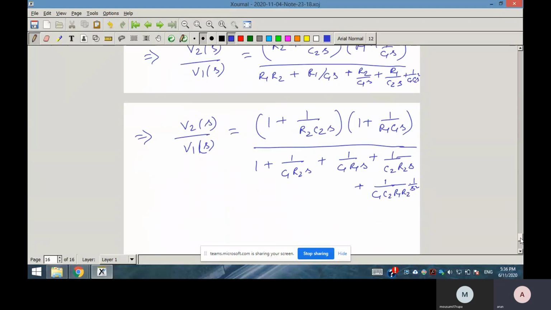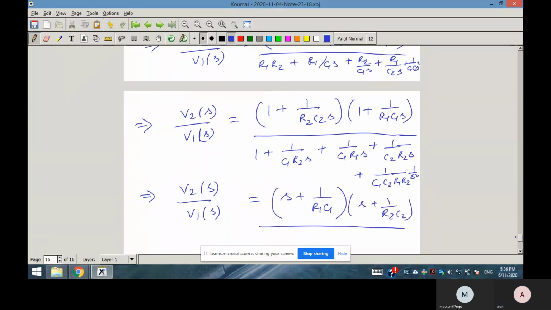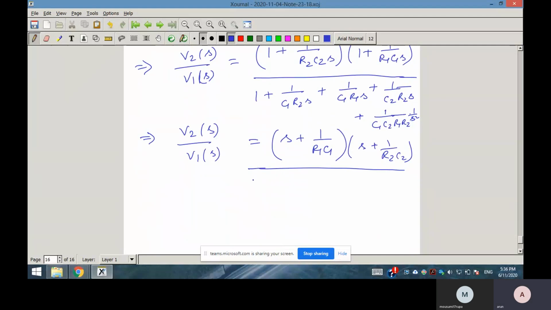So this can be further simplified. If you multiply the numerator as well as the denominator by s square, it will come out like this: (s plus 1 by R1 C1)(s plus 1 by R2 C2) divided by s square plus s into (1 by C1 R1 plus 1 by C2 R2 plus 1 by C1 R2) plus 1 by C1 C2 R1 R2.